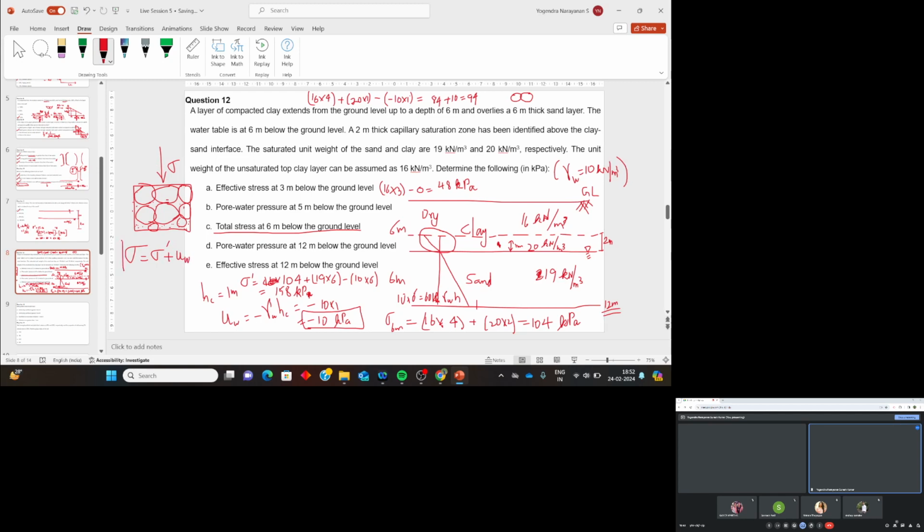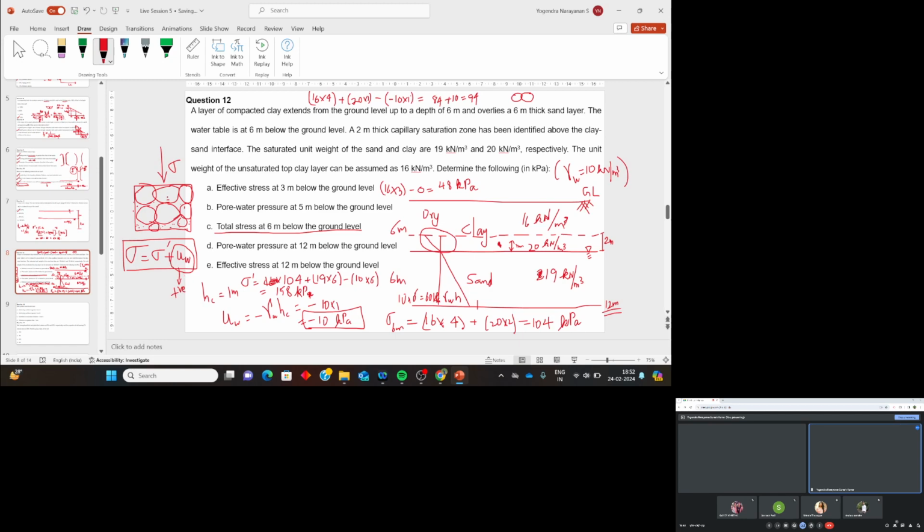So this is how the effective stress relationship is established. It is a fundamental common sense. If you have two components, when you apply a stress, the stress will be taken by both the components. So in this normal case, uw will be under compression, which we will consider as positive sign convention.